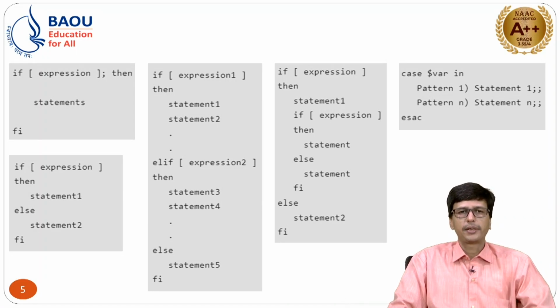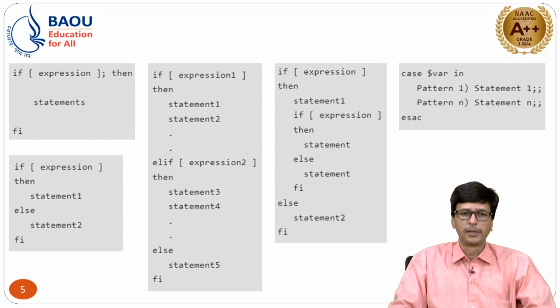Then if you want to check multiple conditions, you can use an if elif block, or you can say an if else if block, right? So here you can see in the syntax: if, then after the condition you have to put then, and whatever statements are to be executed you write here. Then if you want to check another condition, you can write it in elif. When this condition is satisfied, the block of statements after elif will be executed.